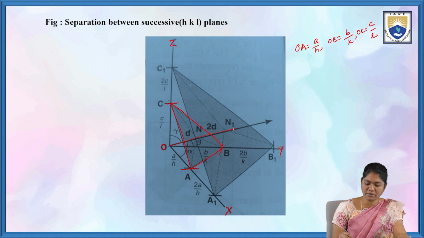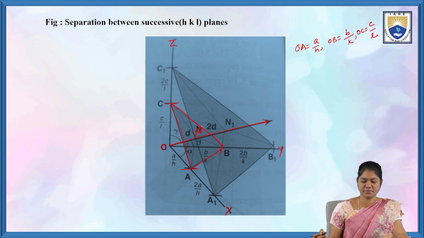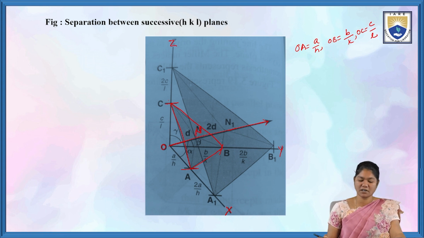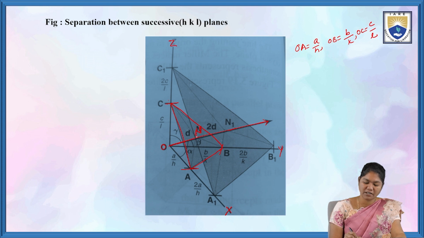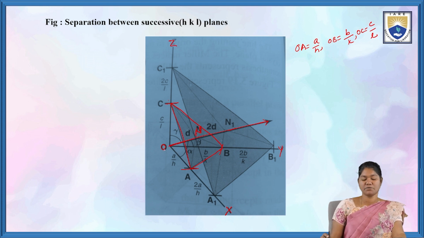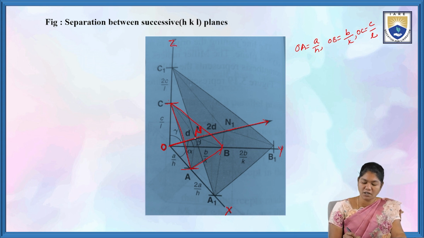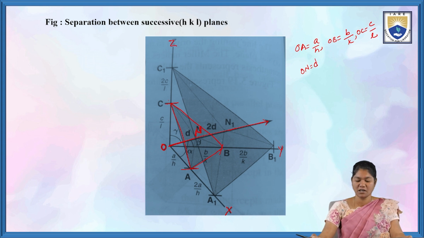The normal from the origin is intercepting the plane at N from the origin O. So the distance from O to N is D.